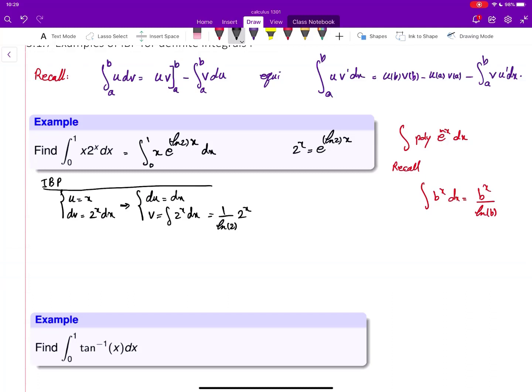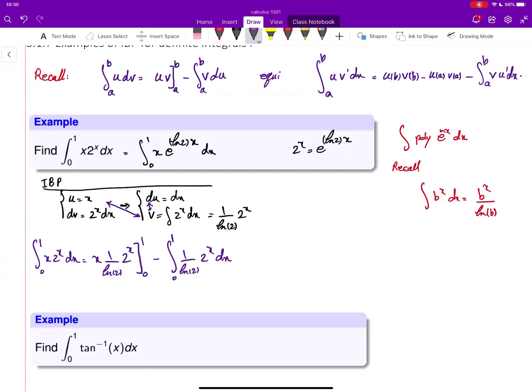Now that I have all the components, I can go ahead. The integral from 0 to 1 of x times 2 to the power x dx is going to be equal to u times v, so x times 1 over ln 2 times 2 to the power x, from 0 to 1, minus the integral of v times du, 1 over ln 2 times 2 to the power x dx, from 0 to 1.